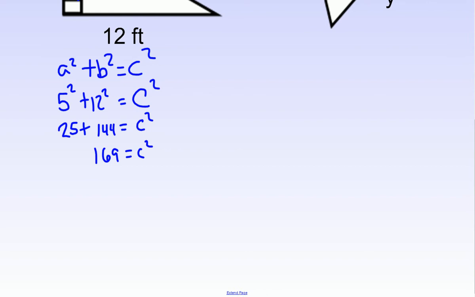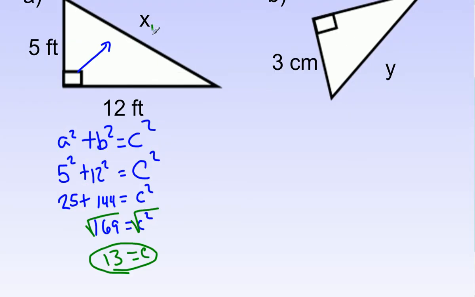This number might ring a bell from last chapter when we were talking about square roots. 169 is actually a perfect square, which is good because the way to get c by itself, the way we learned to solve this equation, is to square root each side. The square root and the c squared cancel, so we have c equals 13. So the length of that side is 13 feet.